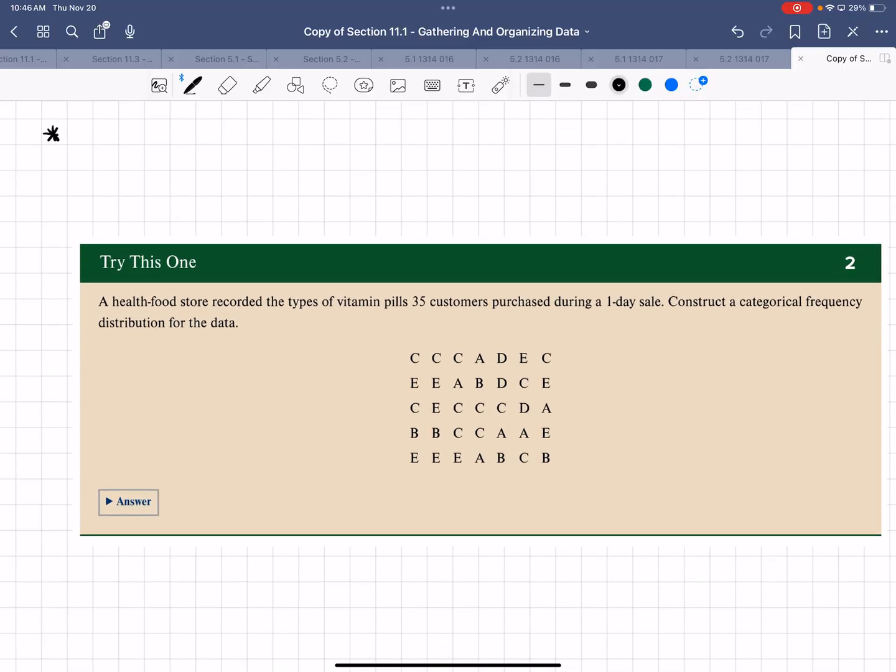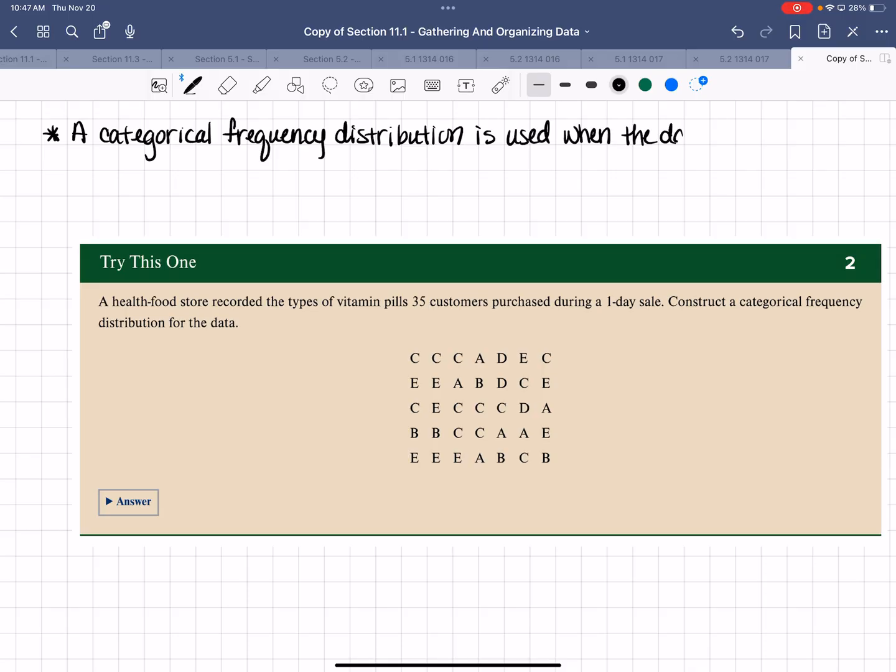A categorical frequency distribution is used when the data are categorical rather than numerical.